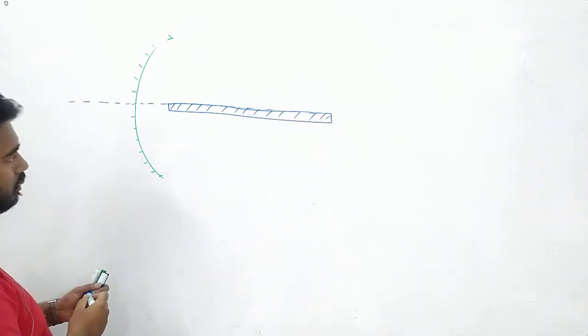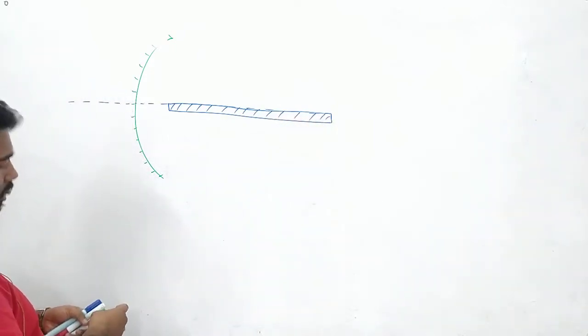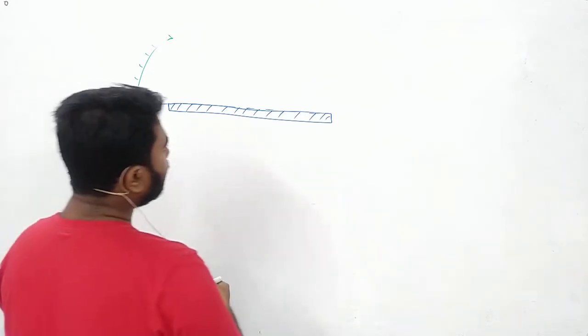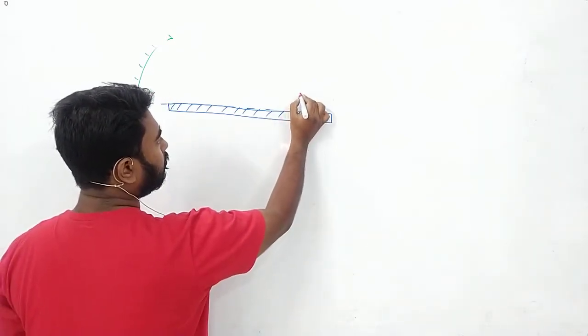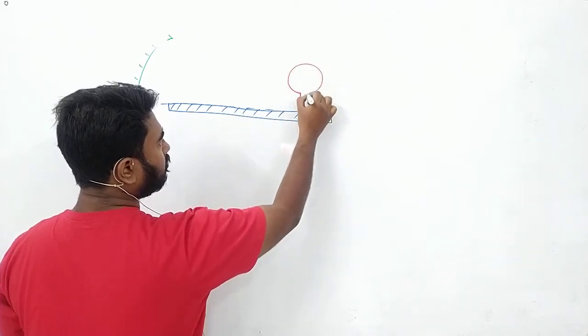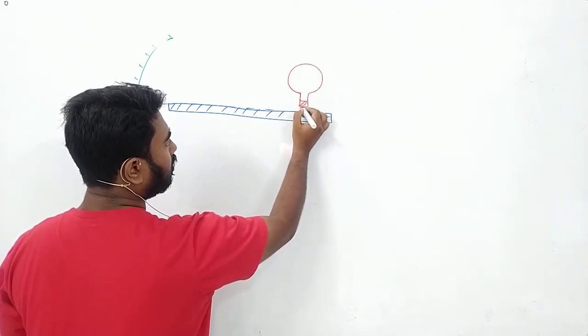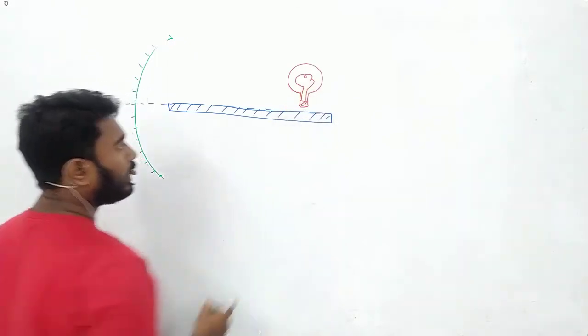Now, suppose I keep an object or a bulb. Suppose I keep a bulb in here. Light will come out from the bulb.